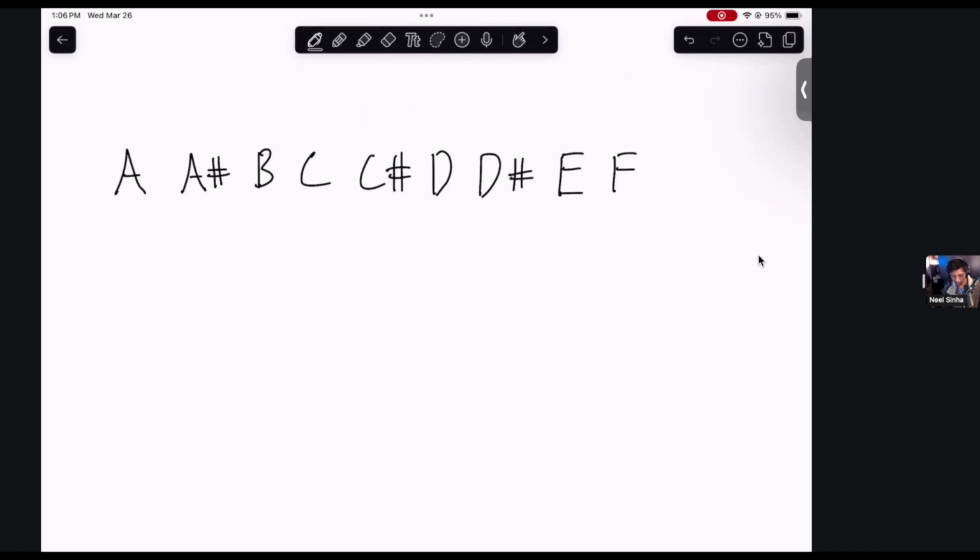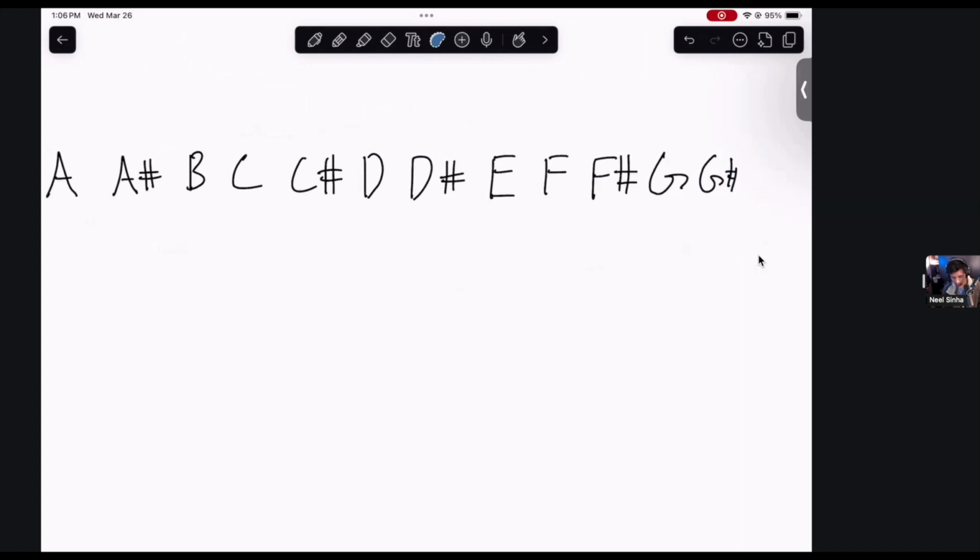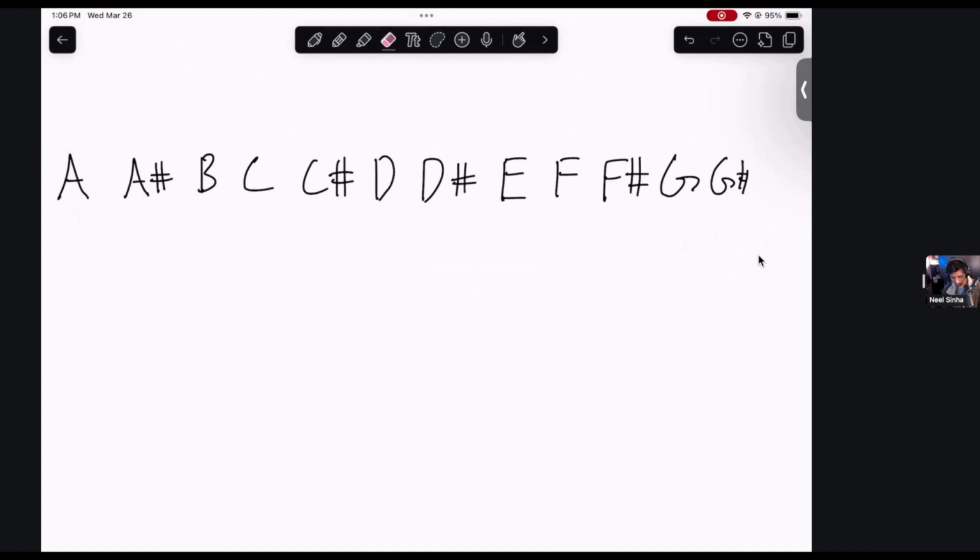No E sharp, F sharp, G, and then G sharp. Kind of running out of space there. Let me move this over. All right, perfect. So this is the order that I want us to look at it for interval notation.